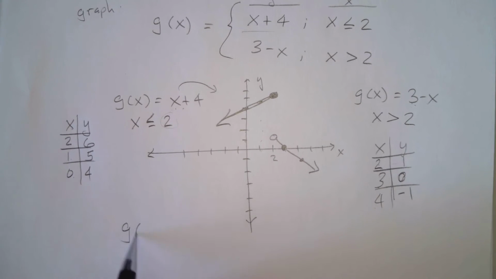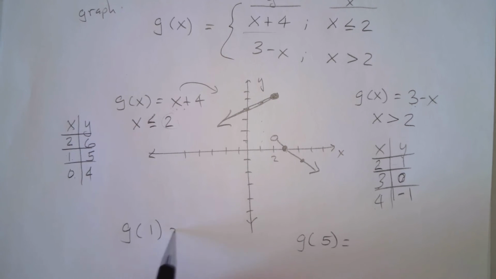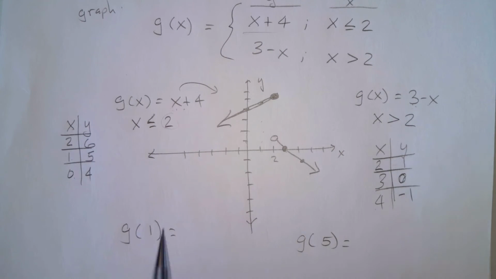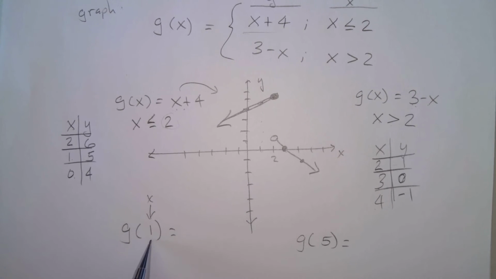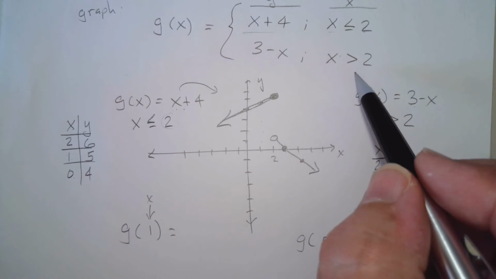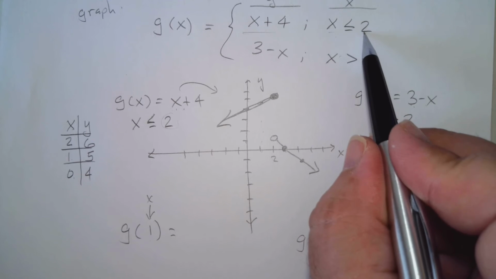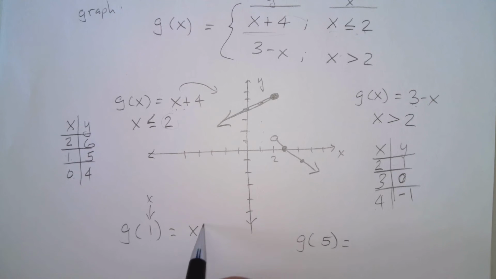And if I asked you g of 1 or g of 5, what are those values? Well, here, this is your x value. X is 1. Which one of these two domains does it fit? Is 1 less than 2 or is 1 greater than 2? Less than. So I use this formula. 1 plus 4 equals 5.